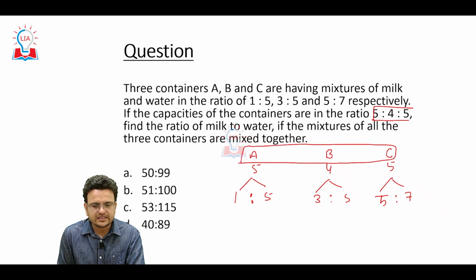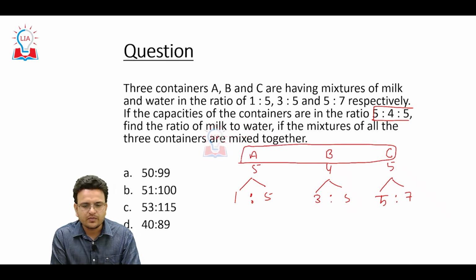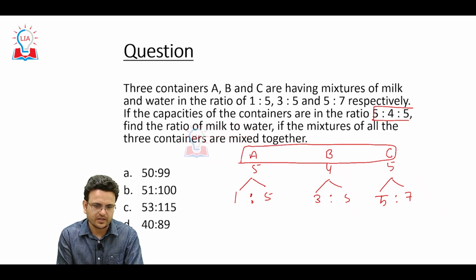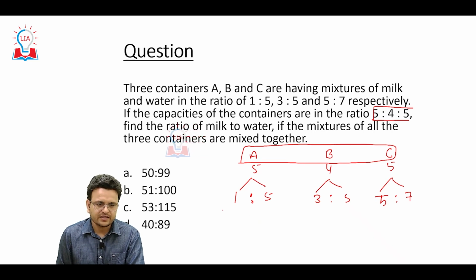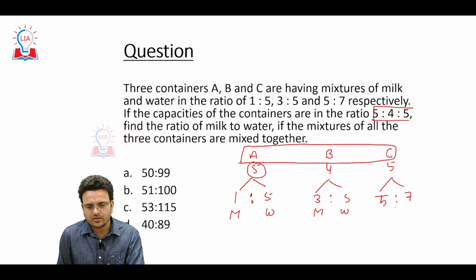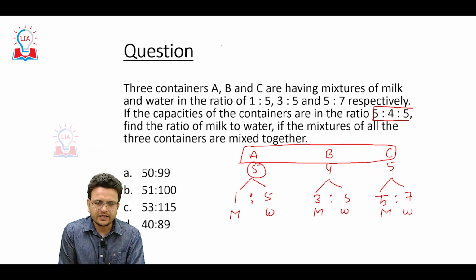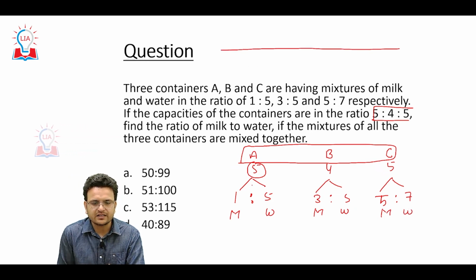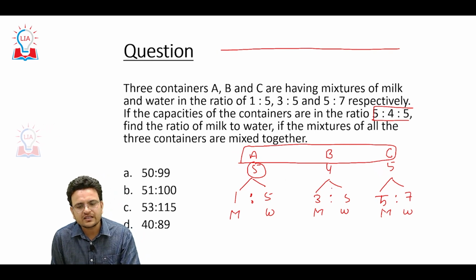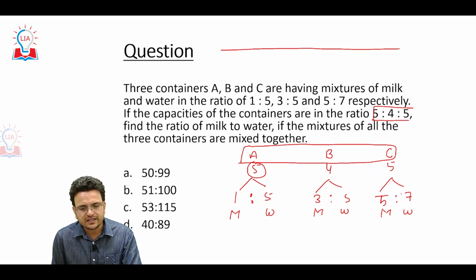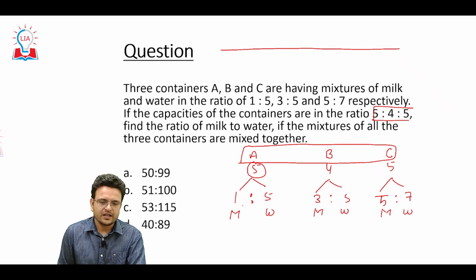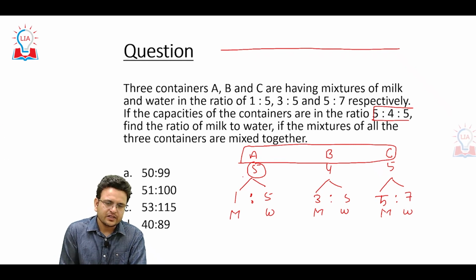So 3 containers. What we have to do is separate milk and water. Whenever we have to separate, just remember quantity is 5, ratio is milk and water. We have to think about how much milk there is in A, in B, and in C. So how much milk is there in A?